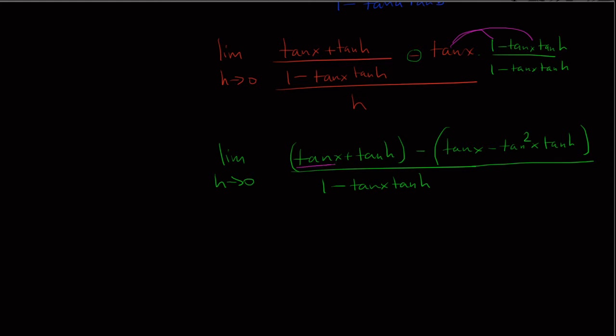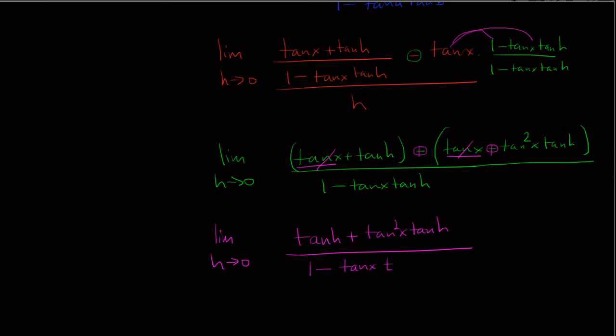We have tangent of x minus tangent of x, those are going to cancel. And then the minus is going to turn into a positive. So I'm going to rewrite this as tangent h plus tangent squared x times tangent h all over 1 minus tangent x times tangent h.